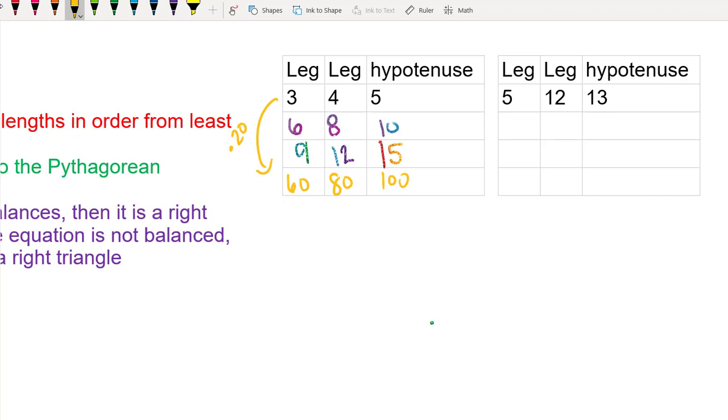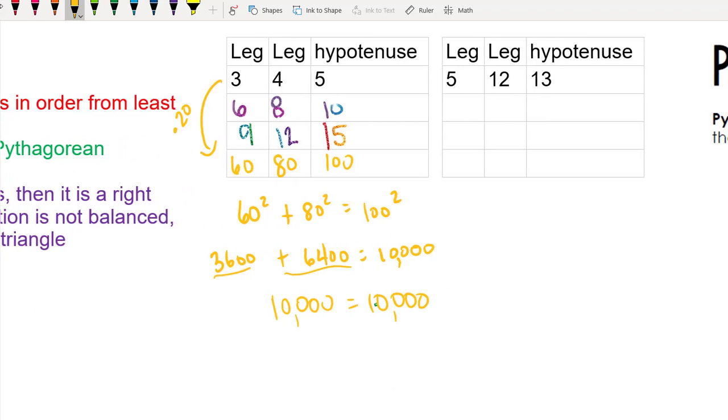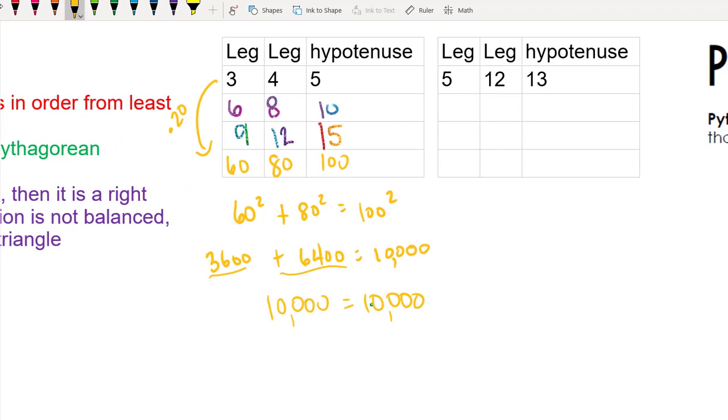If I substitute those into the Pythagorean theorem just to double check and make sure it works, let's see what happens. 60 squared is 3,600. 80 squared is 6,400. And 100 squared is, what's that number? 10,000. So 3,600 plus 6,400, we get 10,000. So it works.